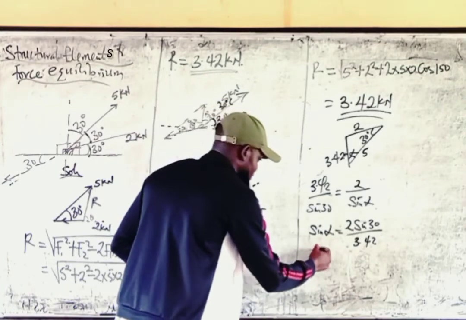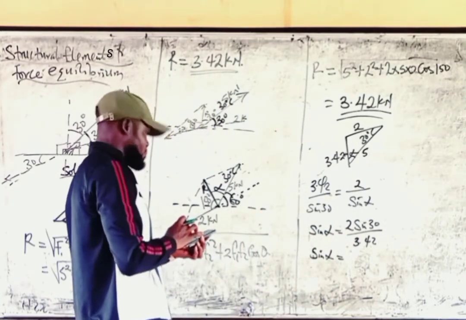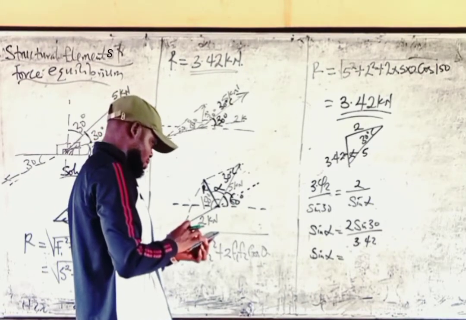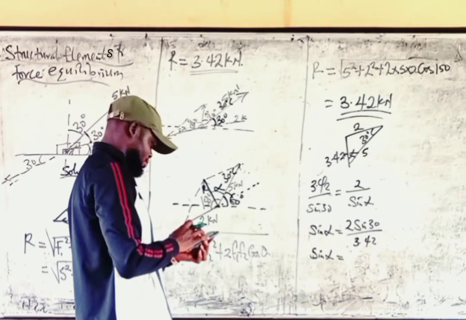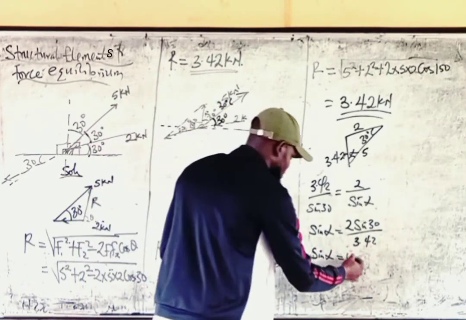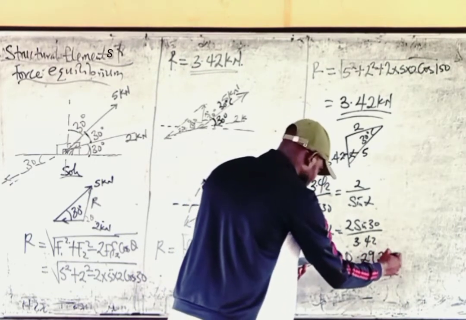So sine alpha will be equal to what? That will be 2 sine 30 divided by 3.42. That is 0.2924.